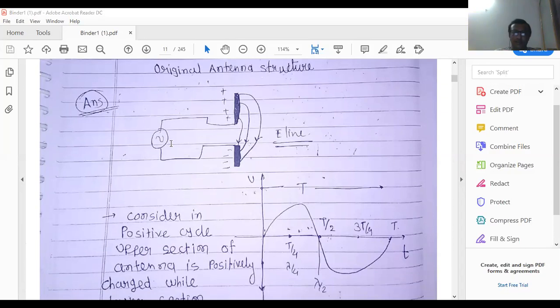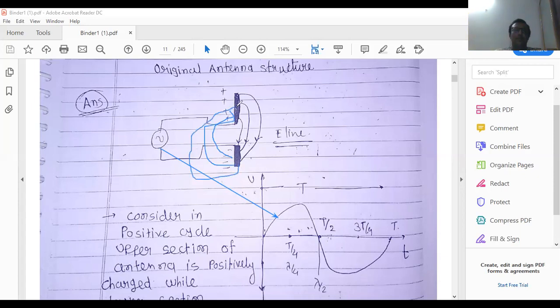Consider this is the source of the electromagnetic wave, and this type of wave can be applied to an antenna. So in the positive cycle, the wave can be like that. Similarly, for the negative cycle, I have sketched the waveform. If negative cycle, then the waveform can be like that. See this, this is the waveform.